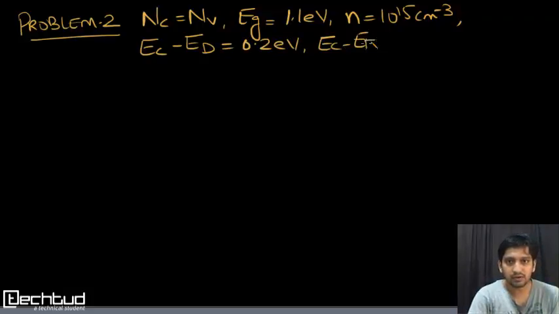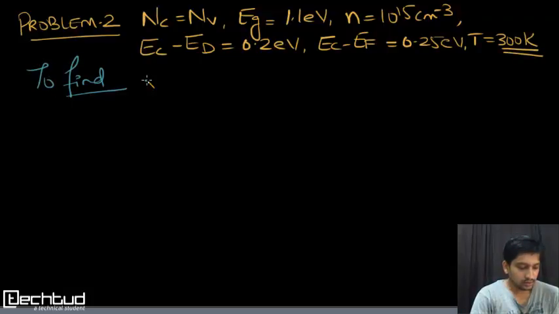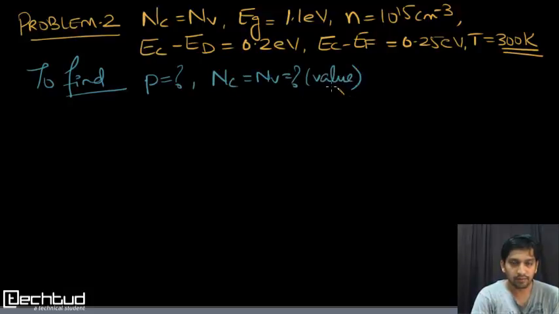EC minus EF, the Fermi energy level, is 0.25 electron volt, and the temperature is 300 Kelvin. You have been asked to find the concentration of holes, and what NC and NV are in terms of value.